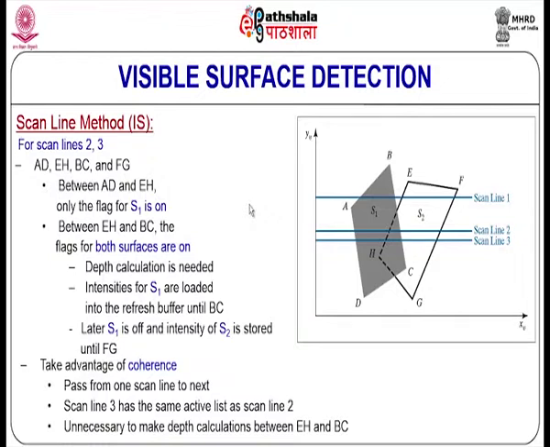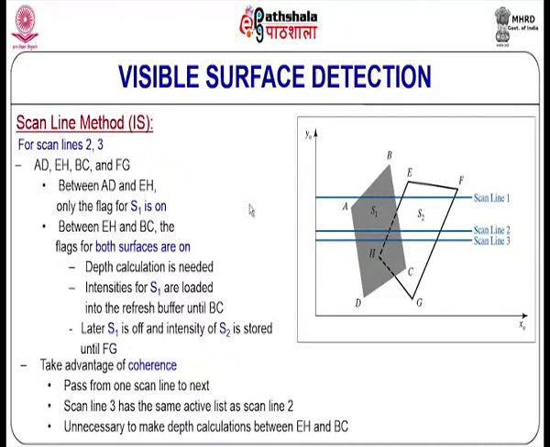If the surfaces are opaque, we can take the color of the surface in front, the one overlapping the other. If it is a transparent surface, we can take the combined effect of both and use the common color there.